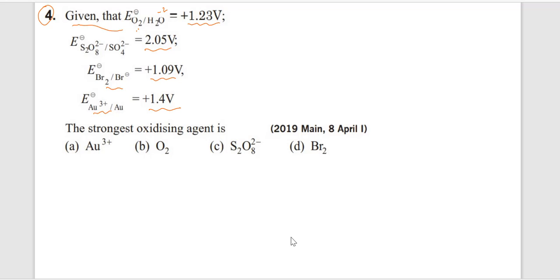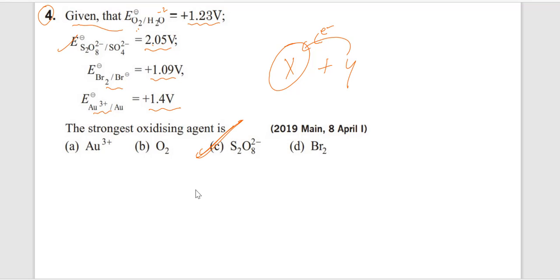The strongest oxidizing agent, same concept I explained to you. What does oxidizing agent mean, beta? Between X and Y, the one with more electron taking tendency has more oxidizing power. Strongest oxidizing agent, you can see here 1.23. Okay, here 2.05 is there. 2.05 means obviously this one is the strongest oxidizing agent.